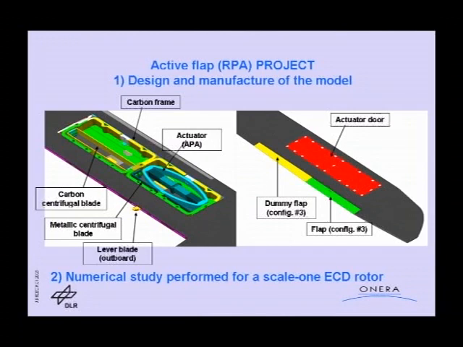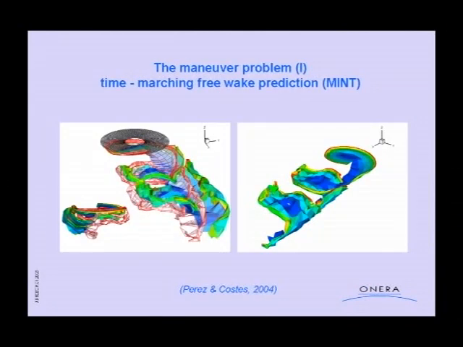So we design the blade, we manufacture the blade, and we will test it in wind tunnel. And also we have performed a numerical study for a scale 1 EC135 rotor based on the same concept. And this rotor should have been tested by the end of this year, but I don't know the results.